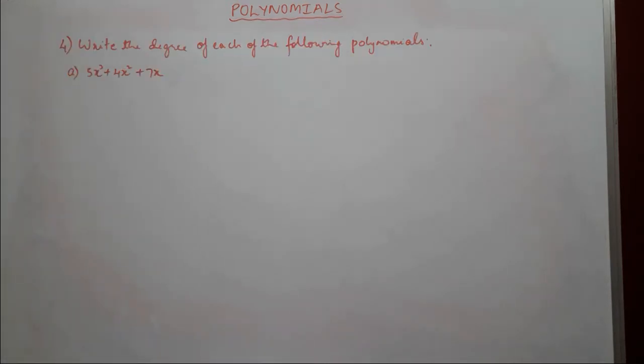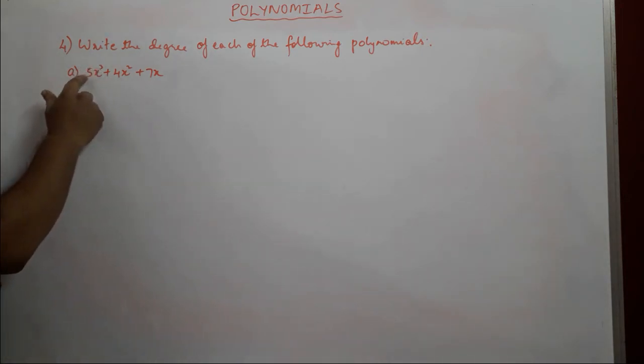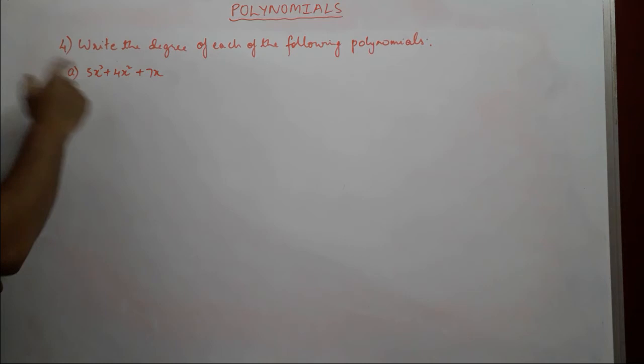The question says, write the degree of each of the following polynomials, and the first polynomial given to us is 5x cube plus 4x square plus 7x. Now to look at the degree of the polynomial, we look at the highest degree that is present within this polynomial, and the highest degree is 3 over here, 5x raised to 3 or 5x cube.